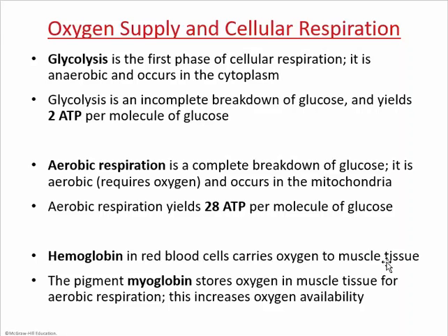Skeletal muscle stores oxygen on a pigment called myoglobin. Myoglobin is the exact same as hemoglobin, except that it's found in the muscle. So we can store a fair amount of oxygen this way. The more myoglobin that's in a muscle, the more oxygen that can be stored, and the longer it can go aerobically.